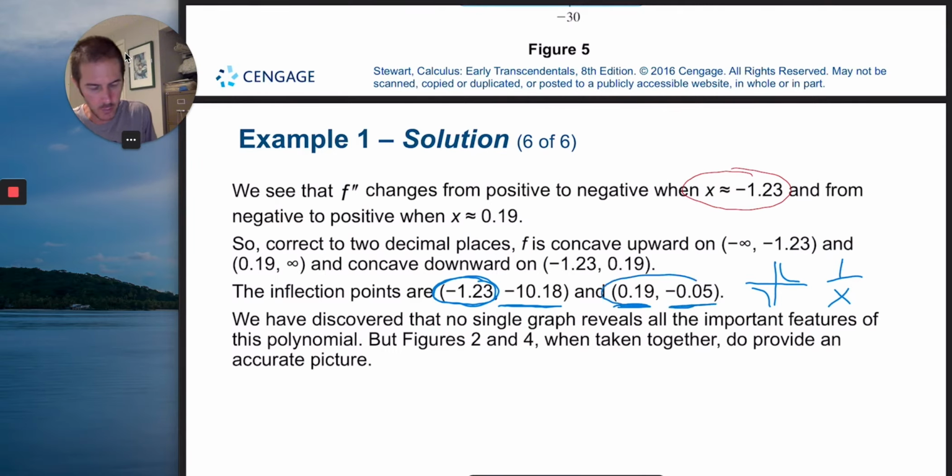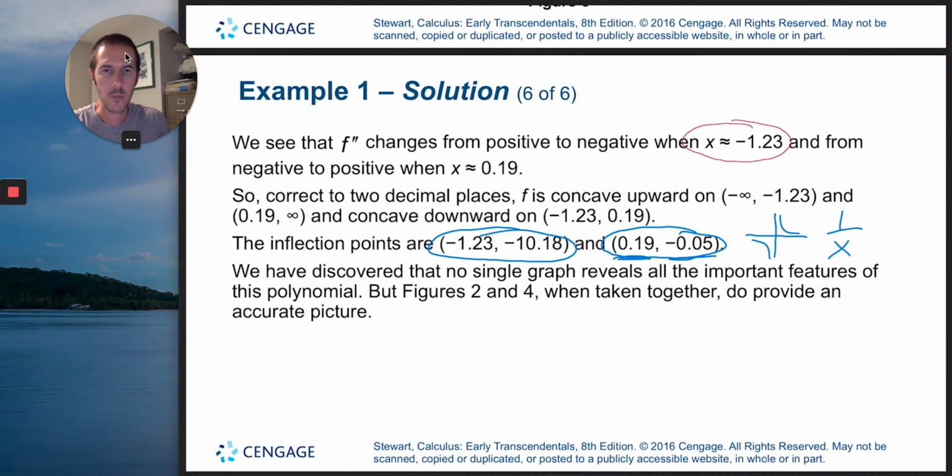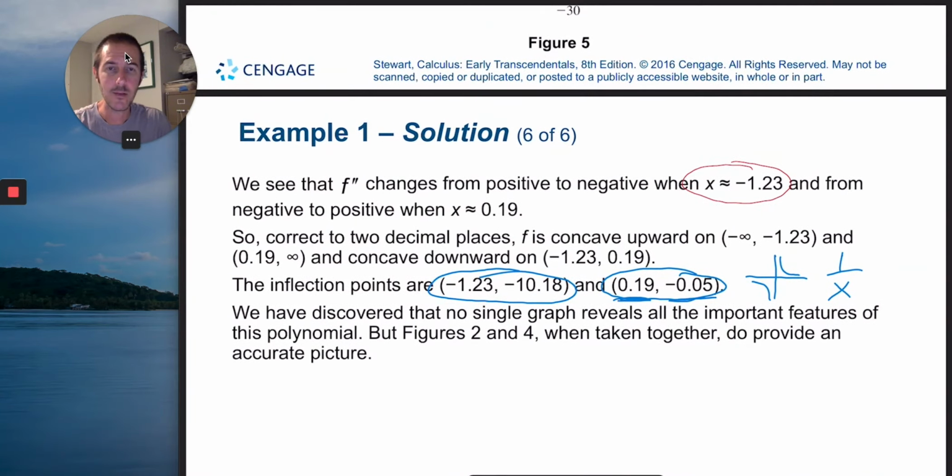So this, as an ordered pair, is an inflection point, and this, as an ordered pair, is an inflection point. And that is the last slide in this set. I hope this little bit of an investigation is helpful.